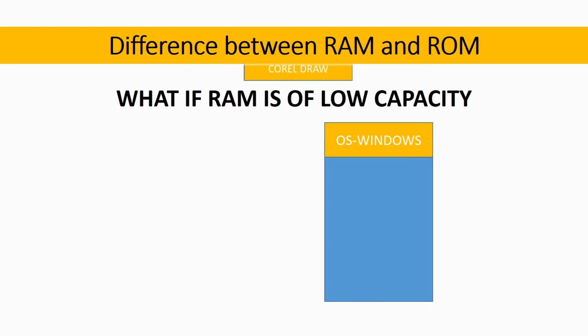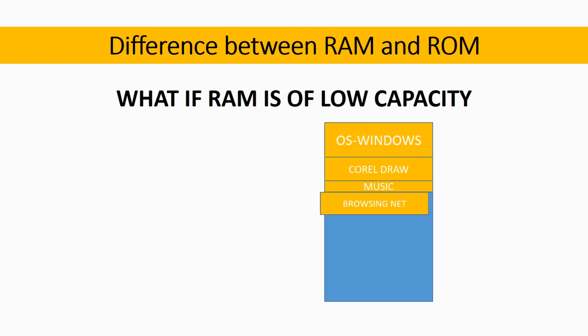Then maybe you have started working on CorelDRAW, which is a graphic software, a big software, so it will occupy some memory. And then maybe you are playing music in the background, and you are also browsing the net, downloading some pictures for the graphic work. And then there are some system programs running in the background, right?